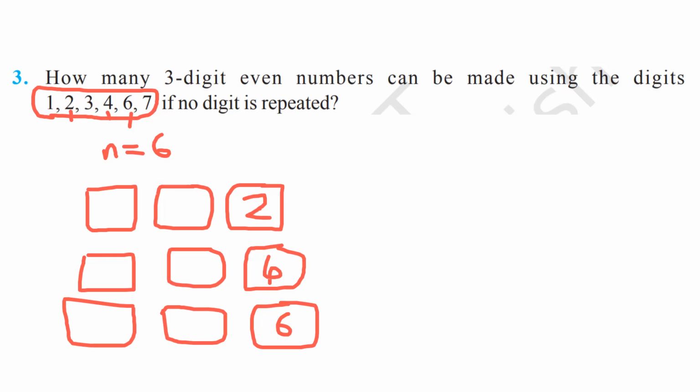If 2 is taken here, we have 2 places, and in these 2 places, how many possible objects can we exercise? Once 2 is gone, 1, 3, 4, 6, 7. We have 5 options here. 5P2, that means 2 positions and 5 numbers. 5P2 is 5 multiplied by 4, that is 20.